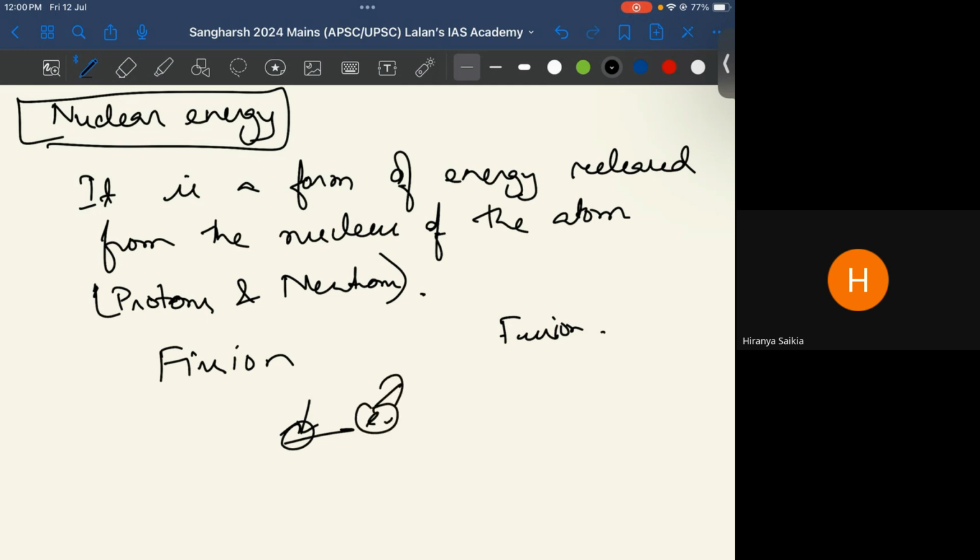That is nuclear energy produced by fission. Fusion is the opposite. Here we merge two nuclei, and when they form a single heavier nucleus, it releases energy, and that energy is actually quite big.